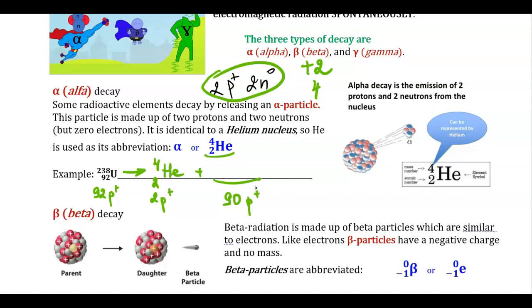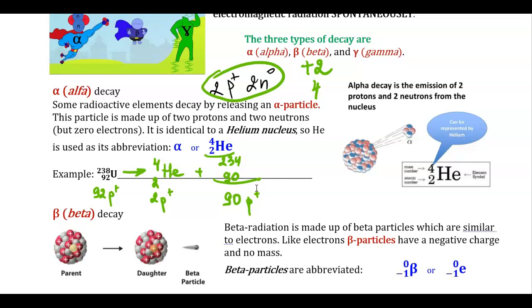So its atomic number is 90. And what about mass number? 238 was the mass of uranium and 4 is the mass of helium. So the new particle will have mass 234.